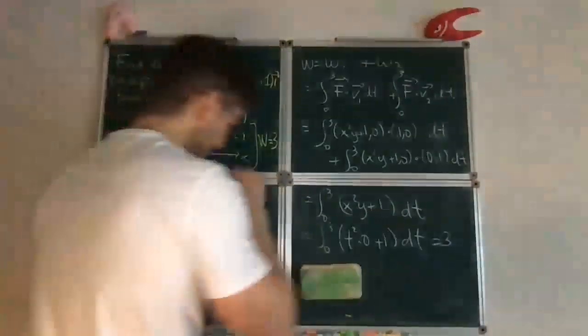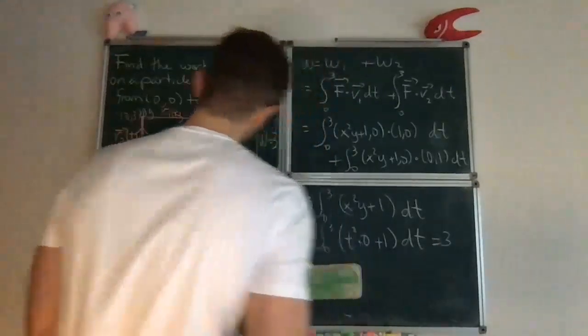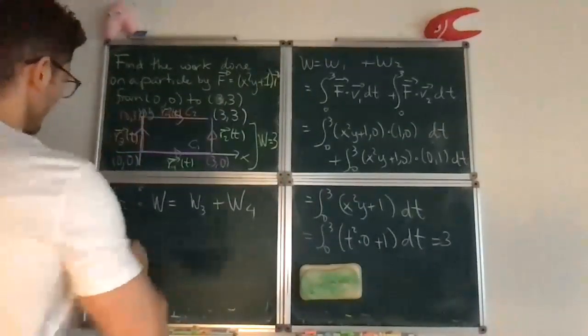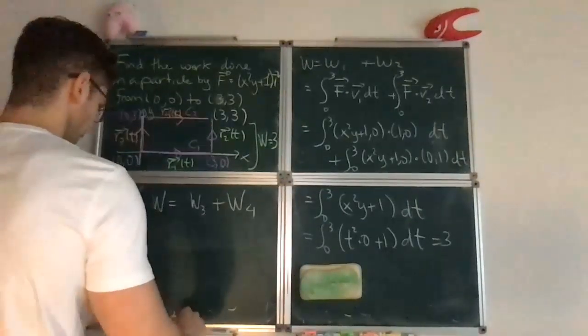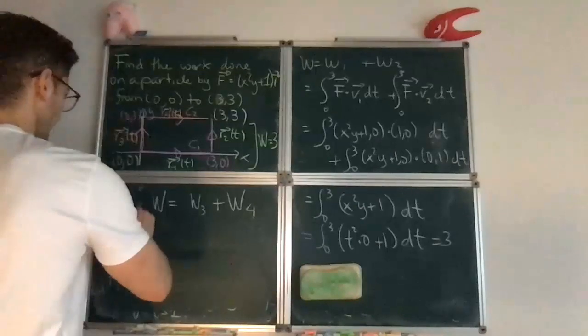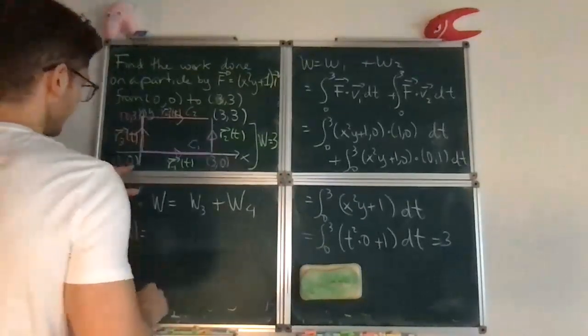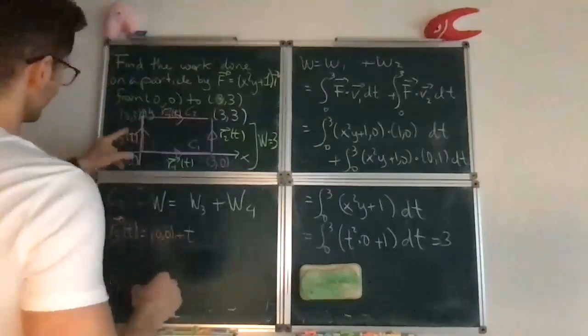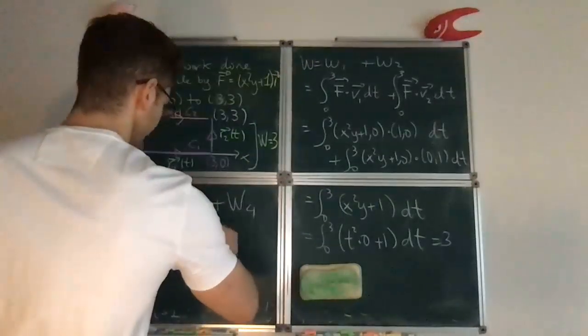And again, you first need to find the parametrizations of the curve. So again, this is like a line segment. So for R3 of t, the equation of the line is the initial point, which is 0, 0, plus t times a vector, which is j in this case, so 0, 1.